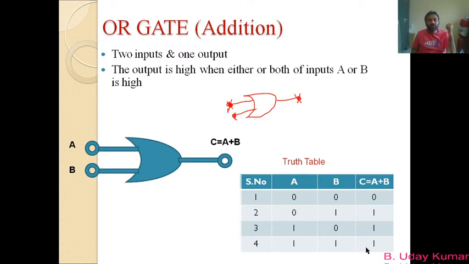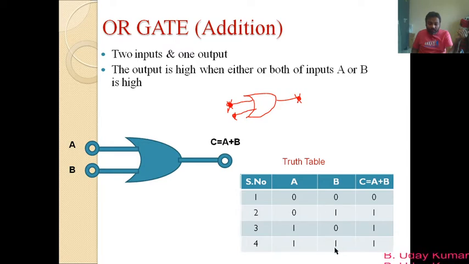This we call the truth table of the OR gate. The entire operation of this OR gate is denoted in terms of a truth table, and that truth table is this one. If both the inputs are low, the output is low. If any one of the inputs is low, the other input will be high, and the output is high.